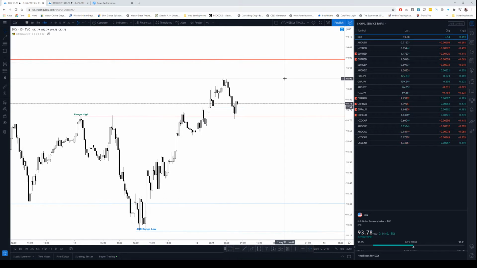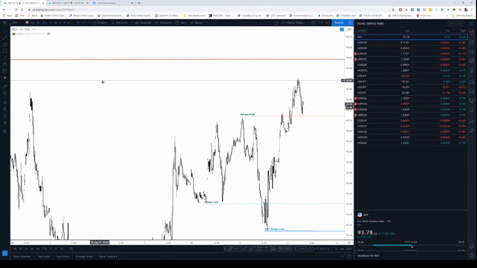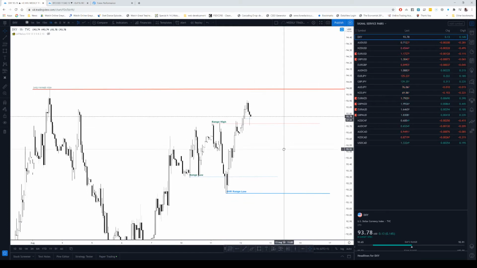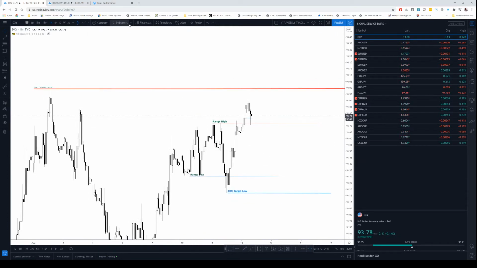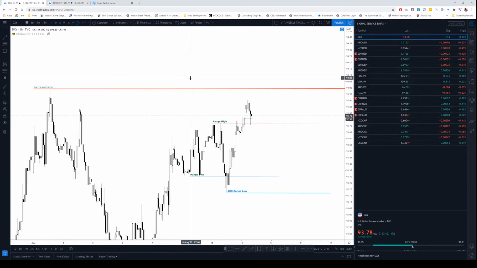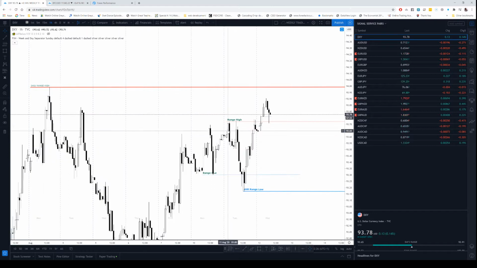Beginning with the dollar as usual. Yesterday we did get quite an eventful day. Let's put these daily dividers in. Price drove all the way down and then drove all the way back up.